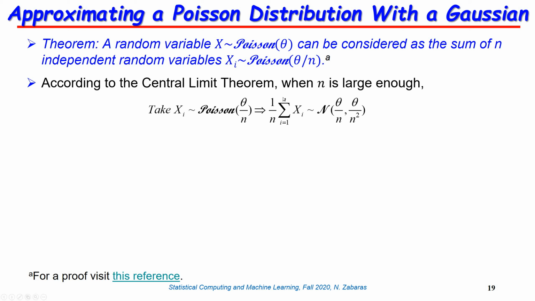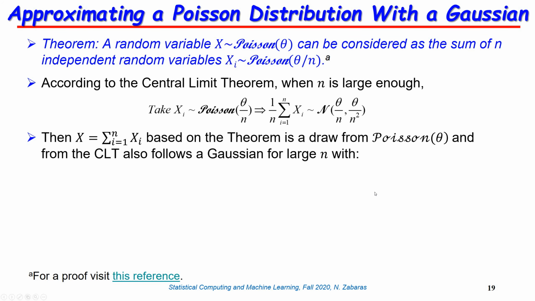So the sum of xi, which you remember is our sample x from the original Poisson distribution, you can immediately see from this equation from the central limit theorem that this random variable x is drawn from a Poisson distribution, but at the same time can be considered as drawn from a Gaussian distribution.